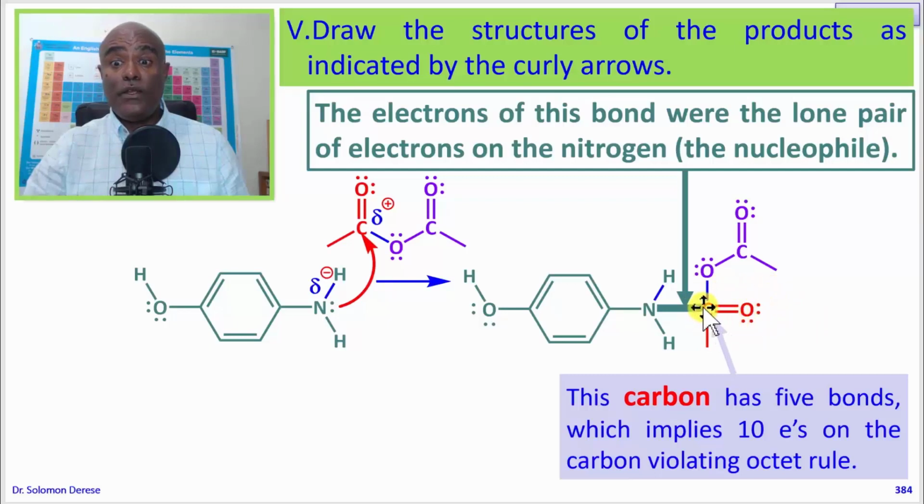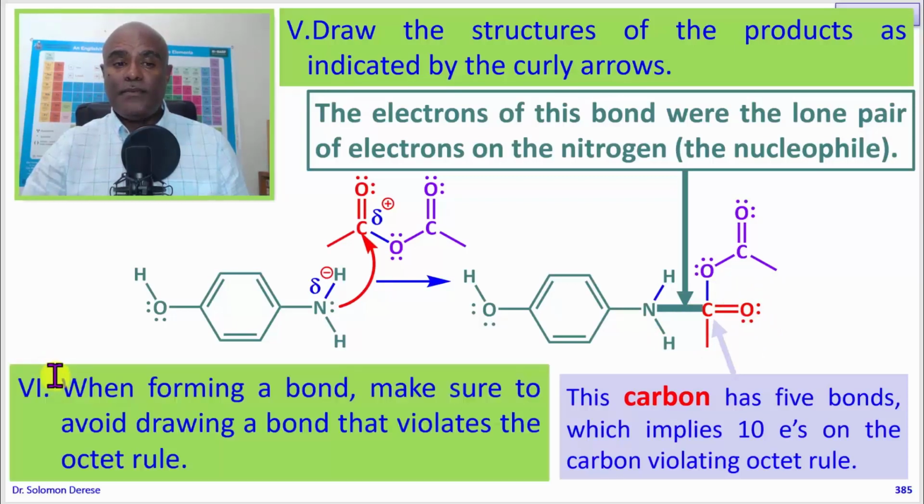So in order not to violate the octet rule, we have this step 6 as a guide. This step 6 says that when a nucleophile forms a bond with an electrophile, and when you draw the structure, make sure to avoid drawing a bond that violates the octet rule.